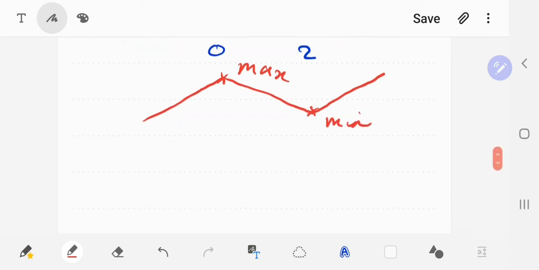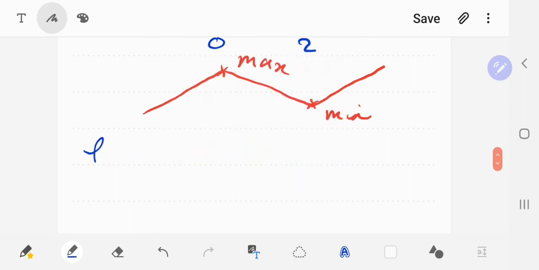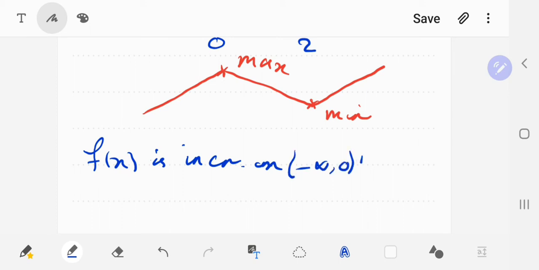Now, what does all this mean? This means that f of x, remember that we are talking about the original function f of x, is increasing on which interval? Negative infinity to 0, union 2 to infinity.